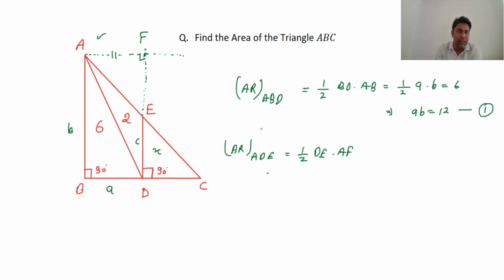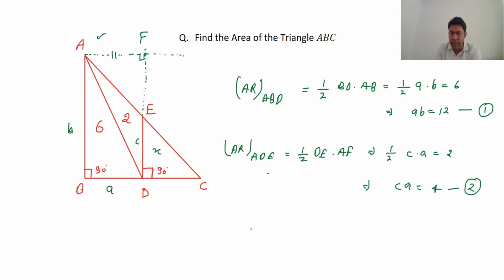That means the side length AF will also be A unit. So we can write 1 by 2 times DE, that is C, and AF, that is A, equals the area of triangle ADE given in the question, that is 2. So from here we can write CA is equal to 4, and let's call it equation number 2.